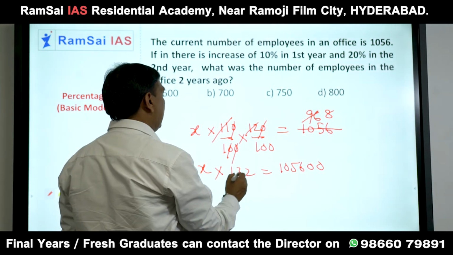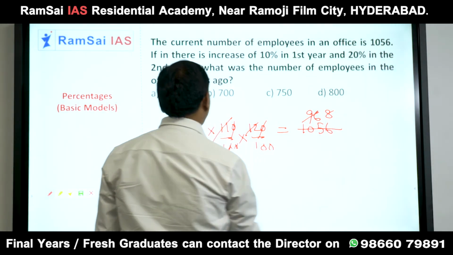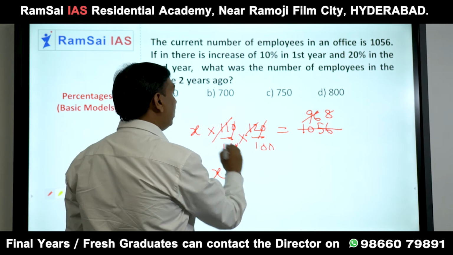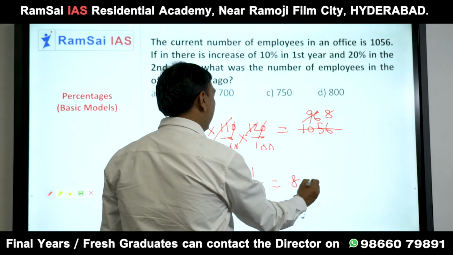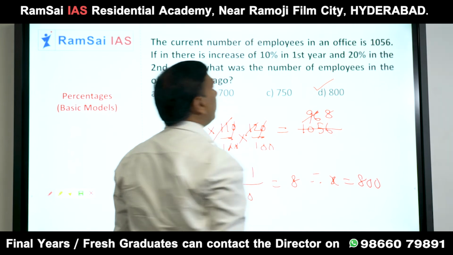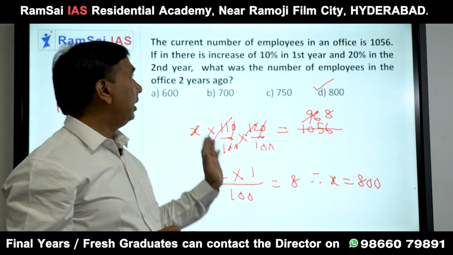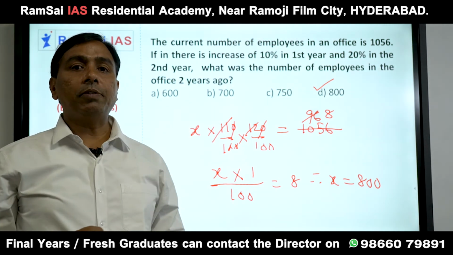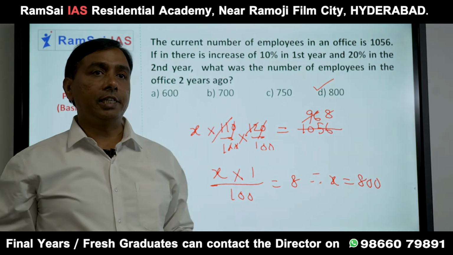So that means x into this one has become almost 1 by 100 is equal to 8, therefore x is equal to 800. 2 years ago the number of employees was 800. Later with the increment of 10% in the first year and 20% in the second year, it has reached 1056.